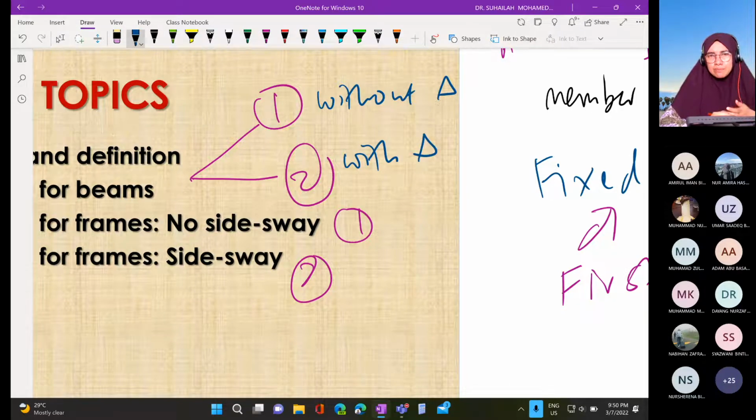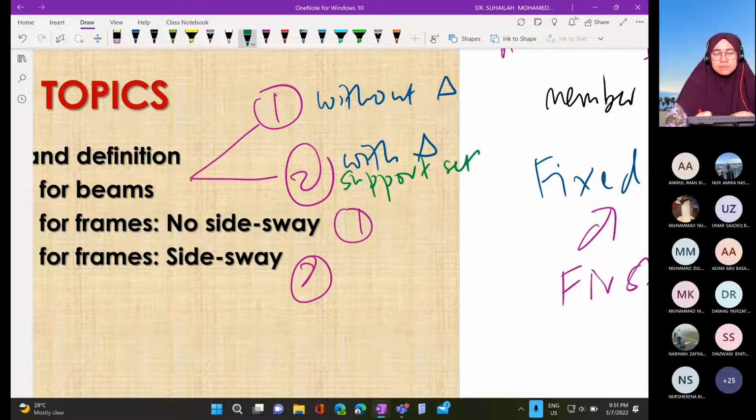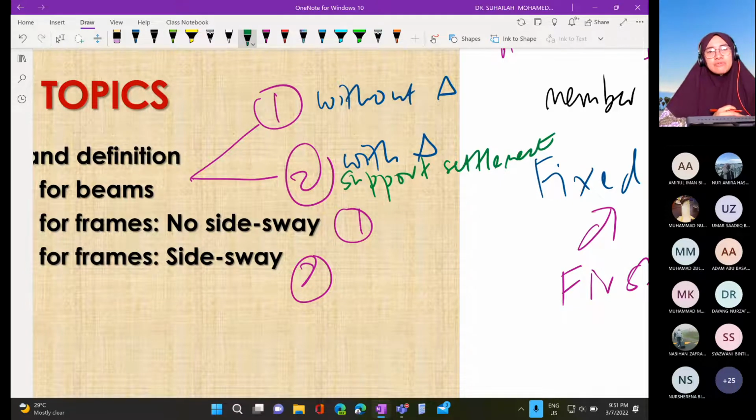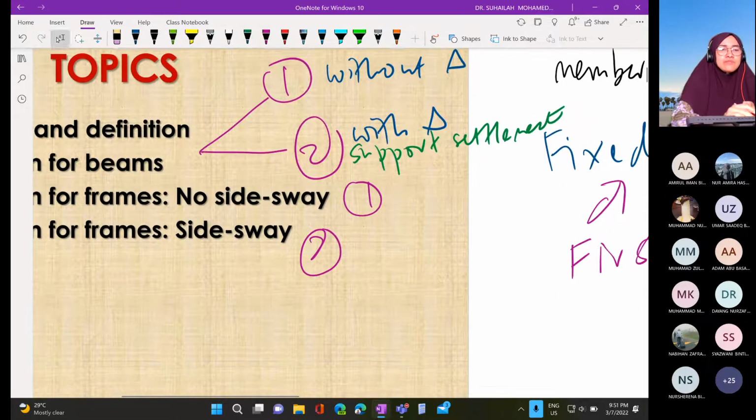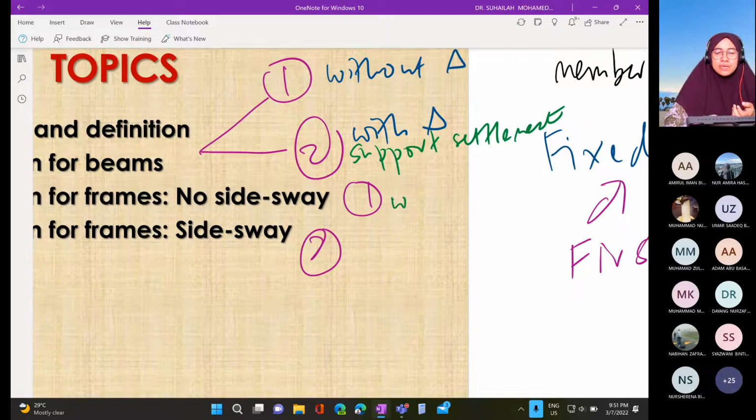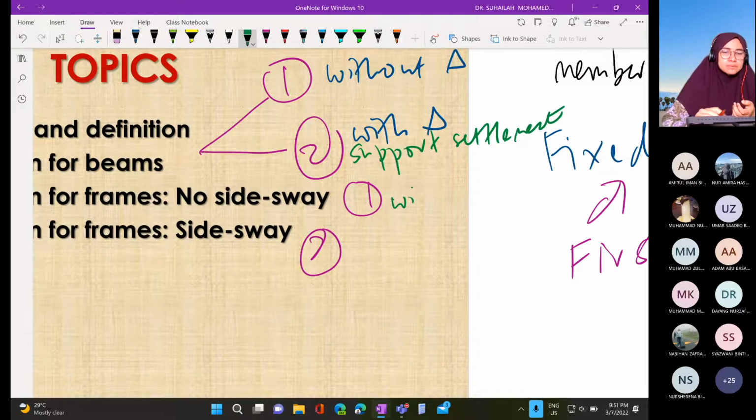With delta in beam refers to support settlement. This is its coverage. And for frame we have two types. We have frame without side sway, without delta.